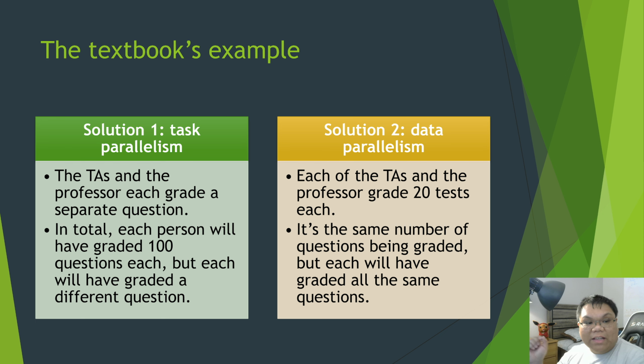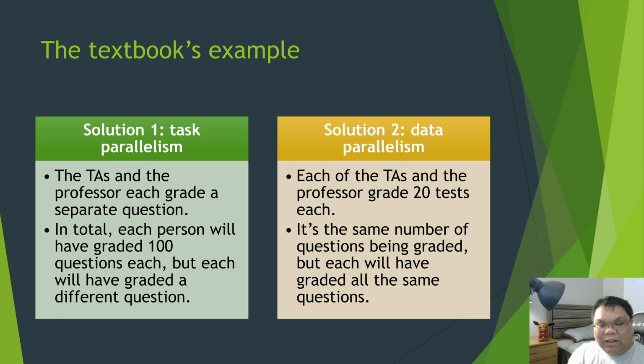Another solution is task parallelism. Say the professor grades question 1, and the 4 TAs each grade questions 2, 3, 4, and 5 respectively. So they need to be sitting at some table, and the professor grades the first question, hands an exam to the first TA.